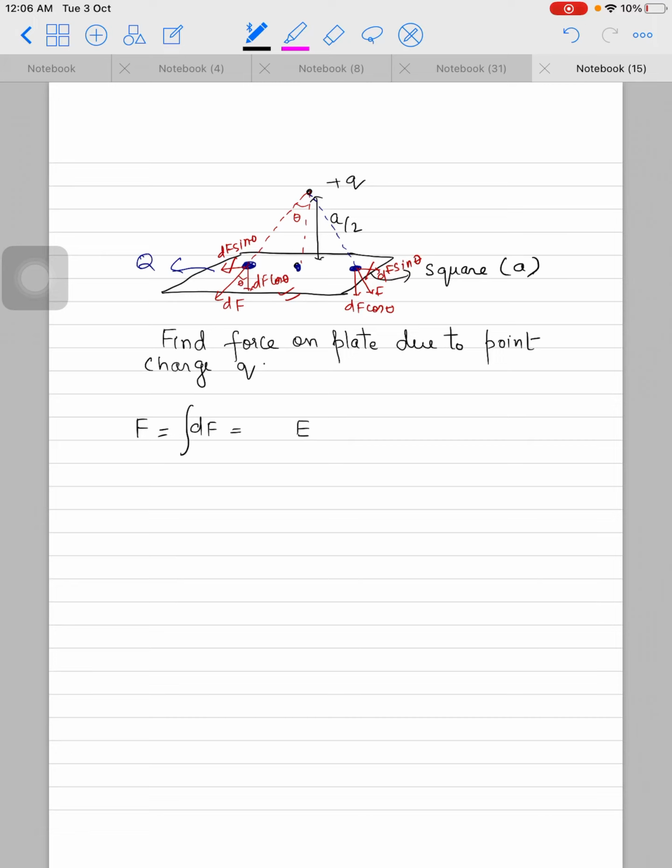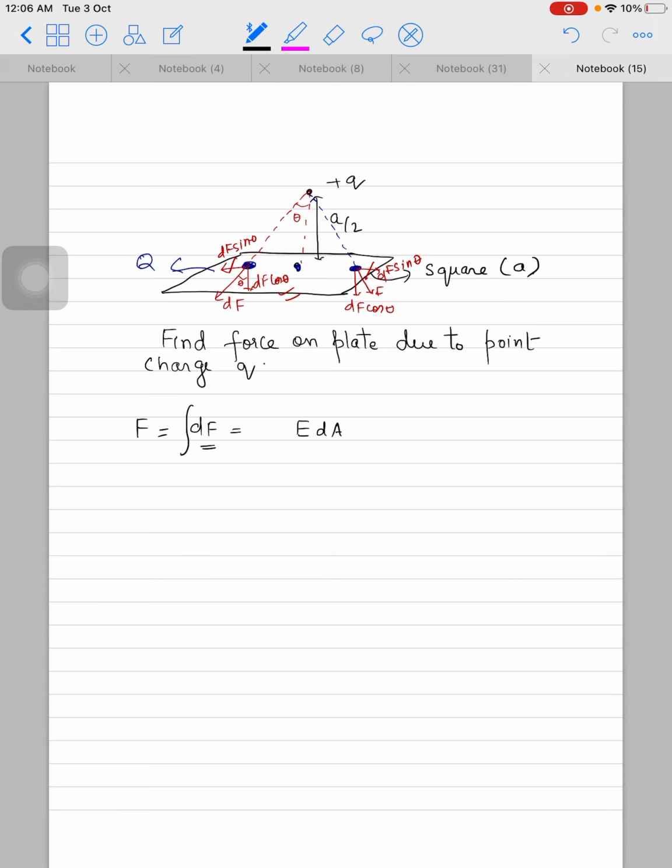This net force can be written as electric field into area, the small area. Electric field into area will give you flux.